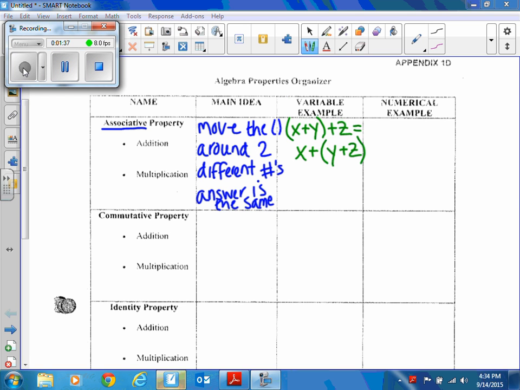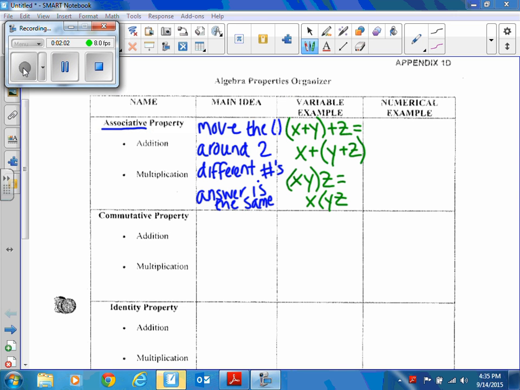So that is your example of the associative property. And that's with addition. With multiplication, it's going to look very similar, but it has a different operation. So an example could be (x times y) times z, and that would be equal to x times (y times z).